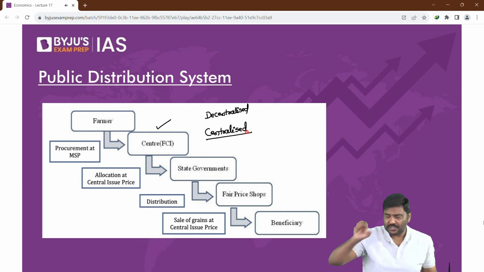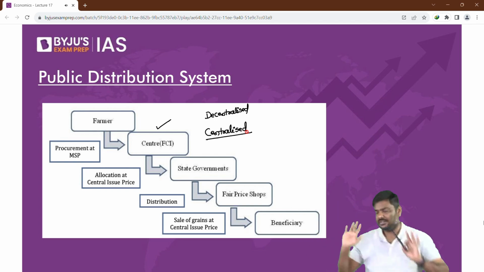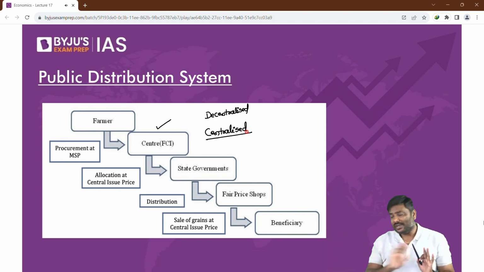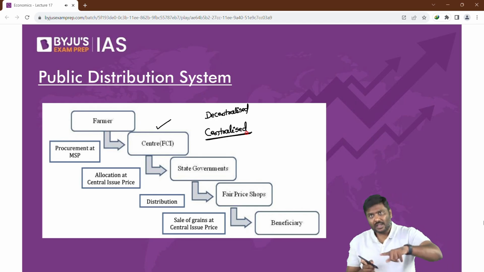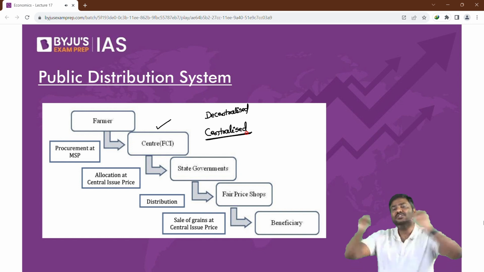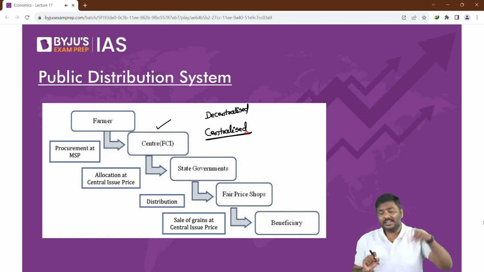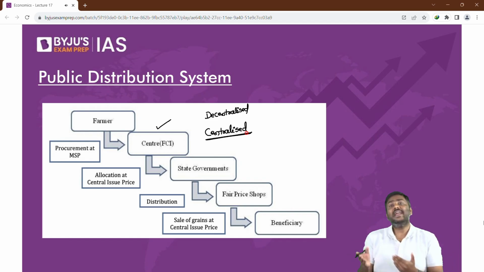On the other side, what is decentralized? The state government will procure, meaning purchase. The state government will purchase, store and distribute food grains. Don't say both are one and the same. Listen very carefully. In centralized, Food Corporation of India, either directly or through the state agencies, will procure and then distribute the food grains to different states.